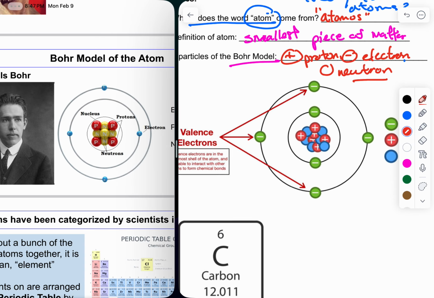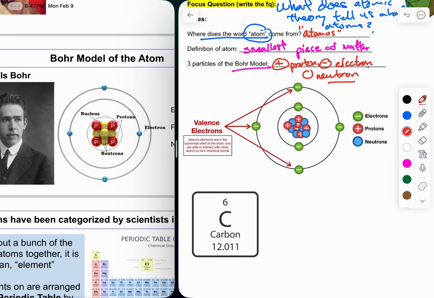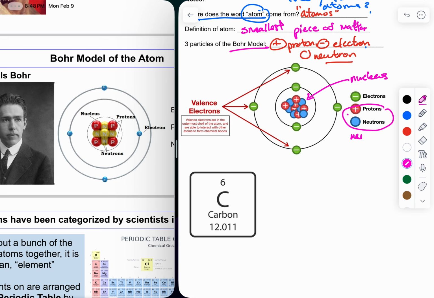Now if you look here, you'll see that I have the Bohr model shown here. There are several things that you need to remember. The first thing is the nucleus. This is where the proton and the neutron live, so we call this the nucleus. And electrons live on the outside.